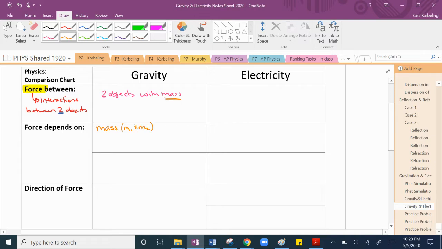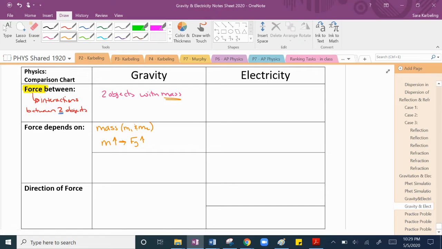Hopefully you found as you interacted with that simulation that as the mass of object 1 or the mass of object 2 goes up, you saw that the force of gravity between the 2 objects also increased. Okay, and we'll come back and fill one more thing into that box in just a minute, but for right now we'll leave it right there.